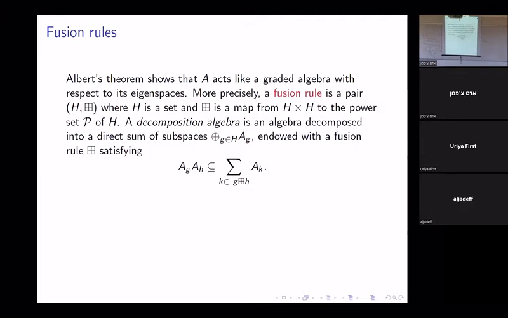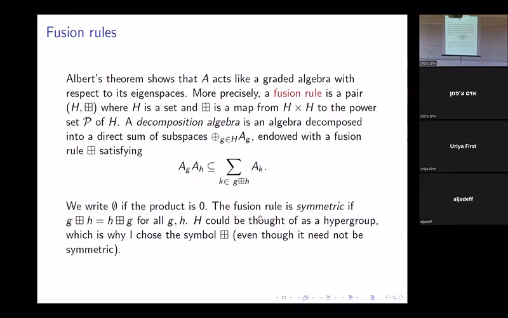So Albert's theorem shows that A is a graded algebra with respect to its eigenvalues, the eigenspaces. Now, nowadays, we call this a fusion rule. And it's simply mapped from a component and another component to a sum of components. So this is a typical fusion rule.